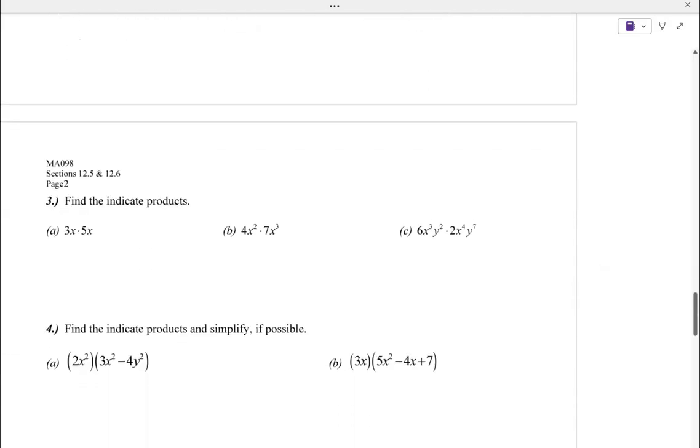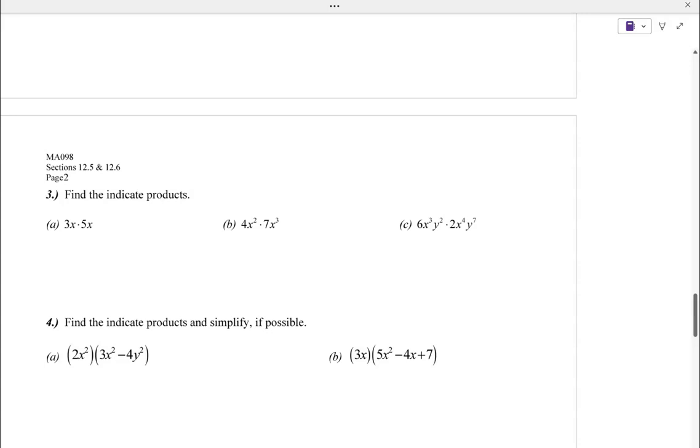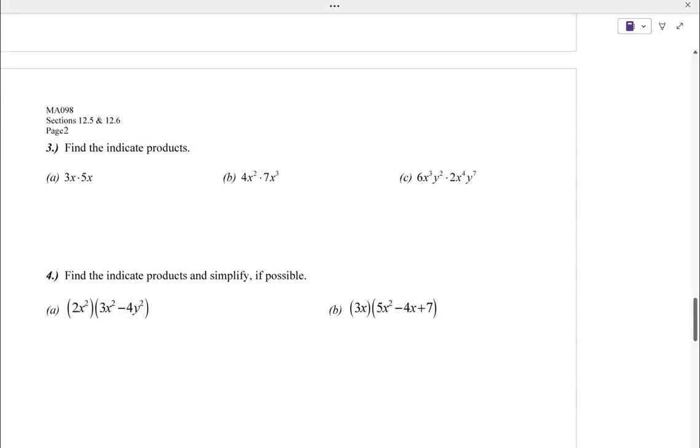Let's look at number 3 that's on the second page, just real quick. Make sure we're on the same page. Let's look at part B on number 3. We did an example of this earlier, but I just want to make sure we reinforce.